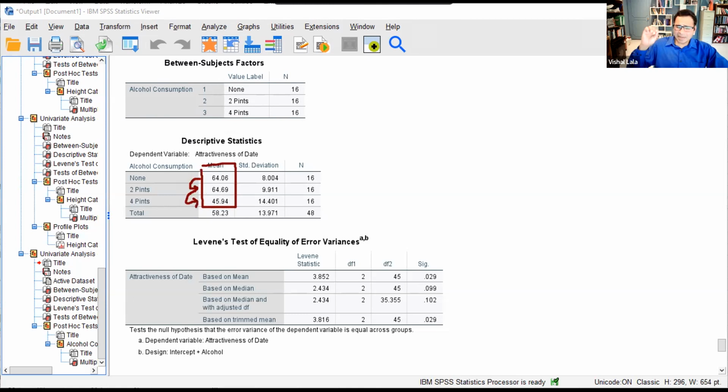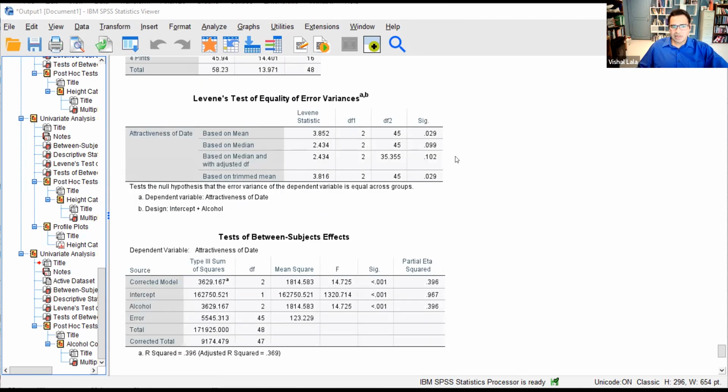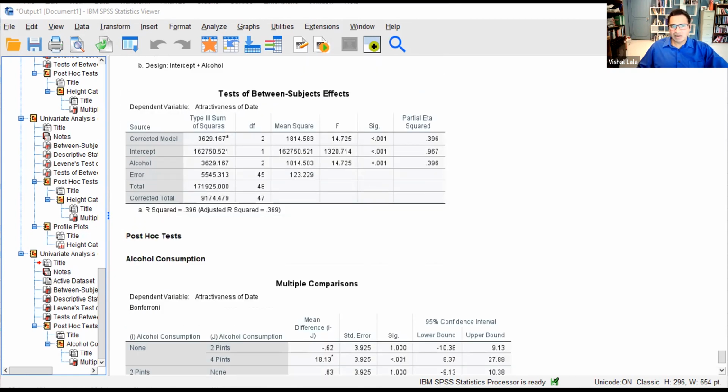So I guess at some point the beer hits a spot, and then people are less discriminating in terms of the physical attractiveness of the person they're talking to. So we go down this list and we see in terms of the p-value, in fact, it is indeed the case. So alcohol has a significant effect on attractiveness of date.